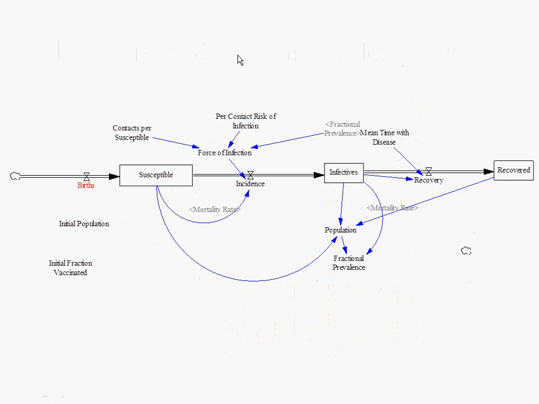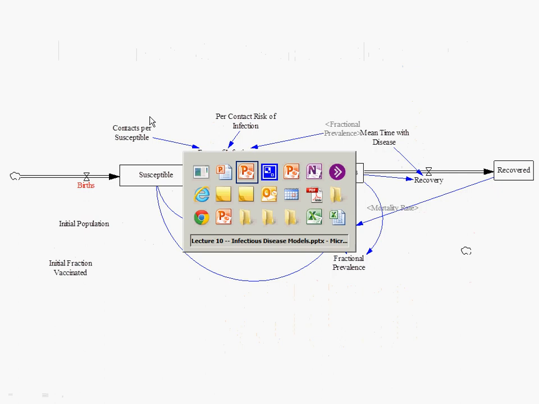Because I got some questions about using Vensim. Would you like me to do this in Vensim so you could see? Would that be good? Okay, you've seen how it's done in AnyLogic, so we'll do this one in Vensim, and then you'll be somewhat facile in both, okay? And you could see some of the trade-offs between them. Okay, so ladies and gentlemen, fire up your Vensims.